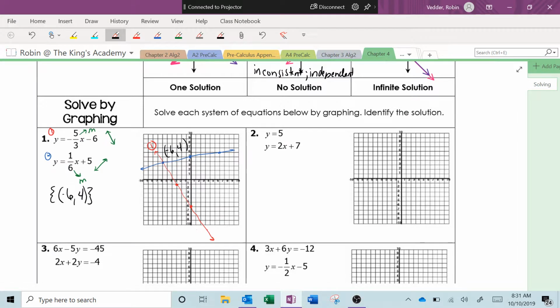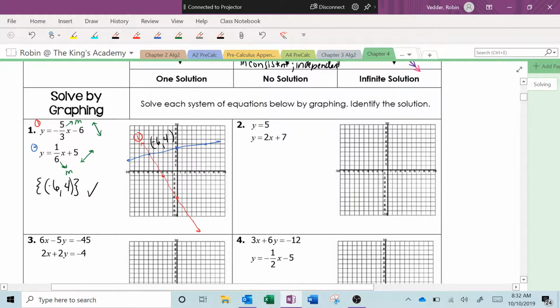You can always check just to make sure. Plug the x value in, plug the y value in. And if the left side is equal to the right side, you know that it's true. We did it by graphing, so we know for sure that it did intersect at negative 6, 4. But you can always check to see if something's a solution by plugging it back in and see if it makes it true. So that one is done.